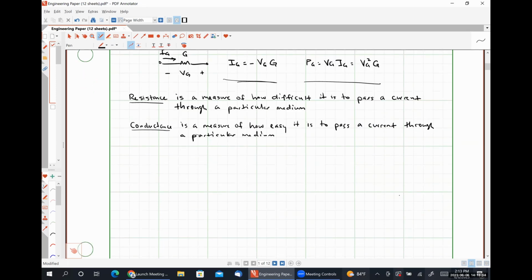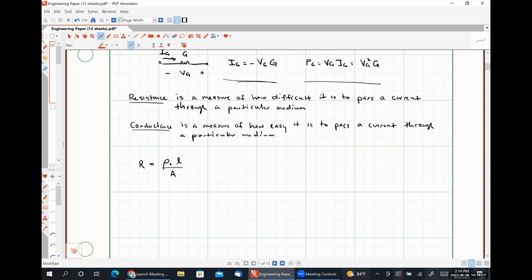So dealing with resistance, we can say that the resistance of a particular object is given by rho sub E times the object's length divided by the object's cross-sectional area.